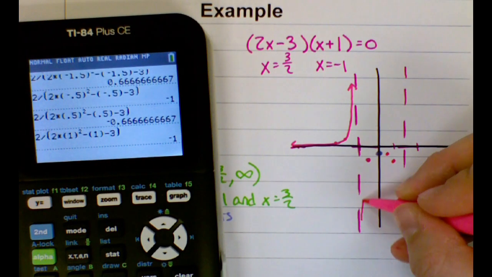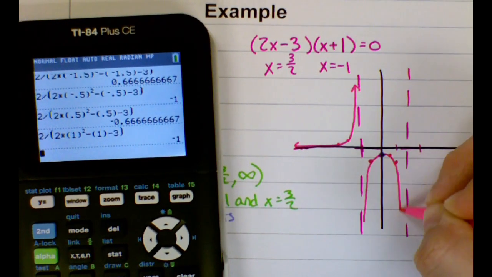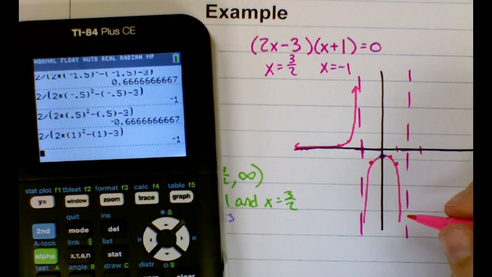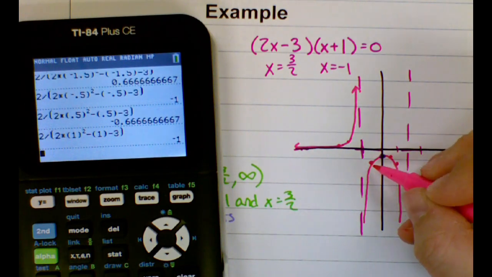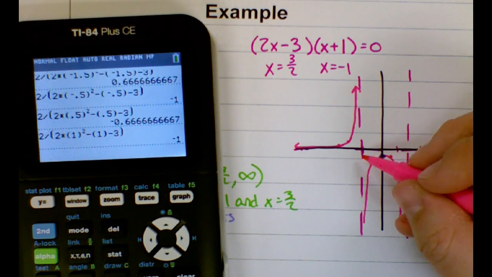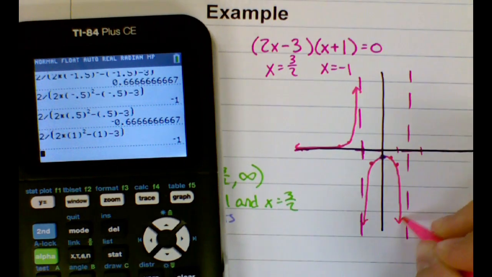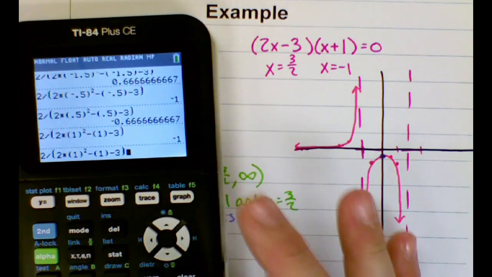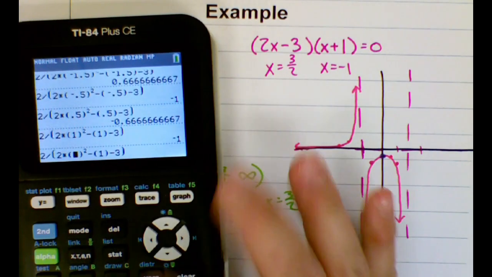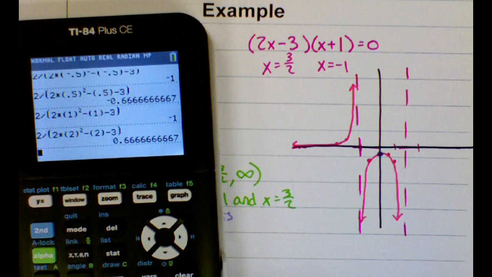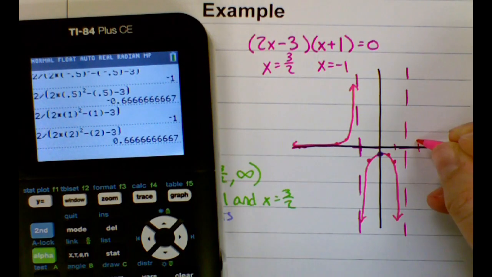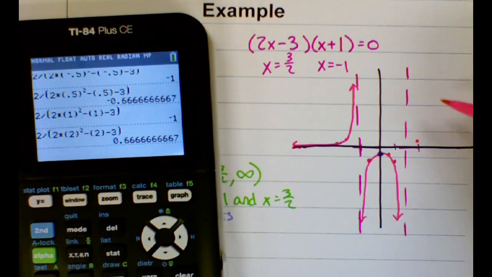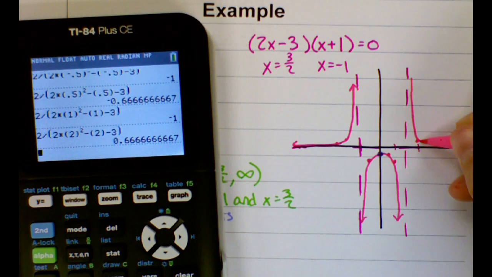So it looks to me like I'm going to have... wait, no, never mind. There we go. And then let's try plugging in another value. I get positive 0.66, and usually it might look something like that.